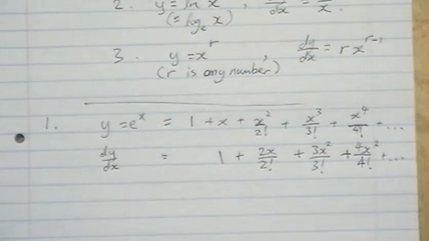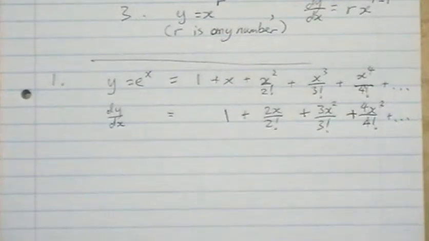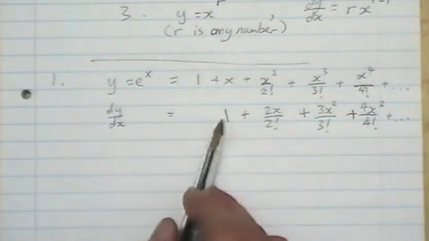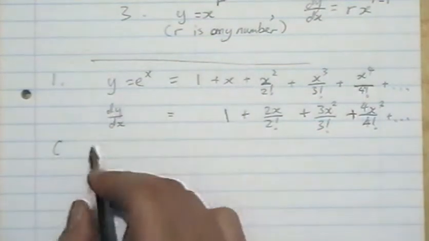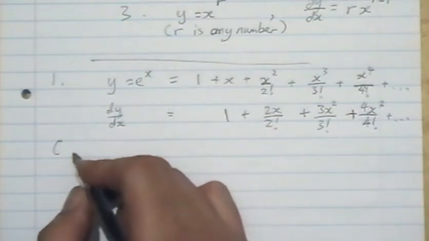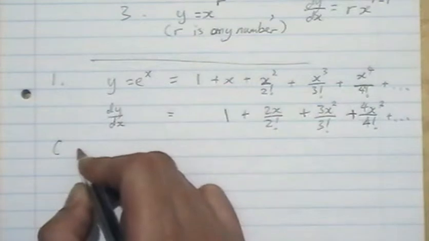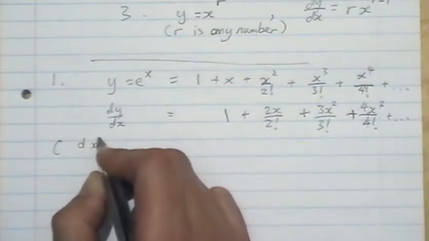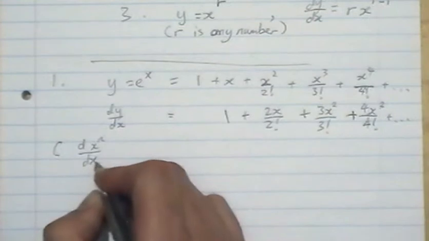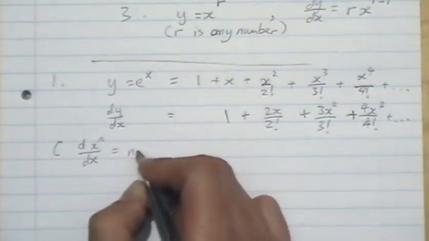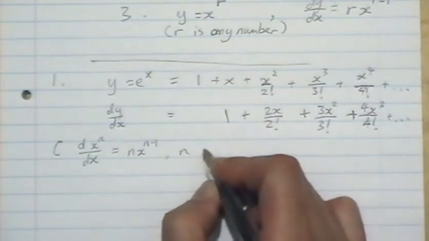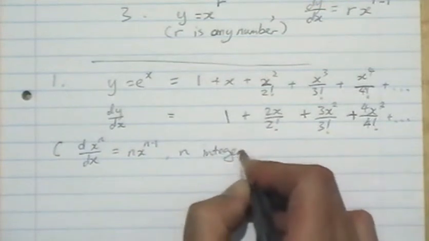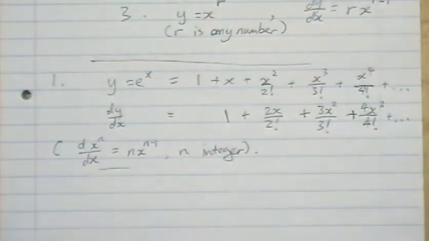But for now, let's make this quite clear: when I do this differentiation, I'm using the formula that d(x to the power of n)/dx is equal to n times x to the power of n minus 1, where n is an integer. Alright, so I need to make use of this formula.